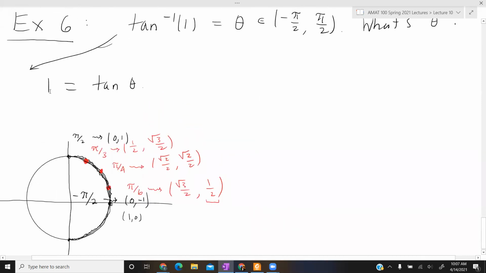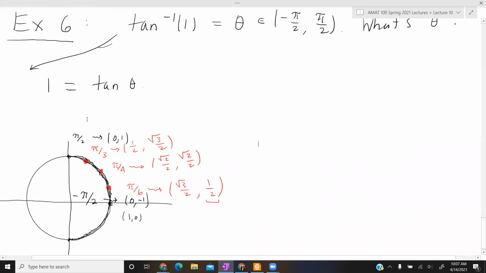So notice we have positive 1. Remember that tangent is a ratio of the y coordinate to the x coordinate. In the fourth quadrant, the x coordinate is positive, the y coordinate is negative, so any ratio of those two numbers will be negative.